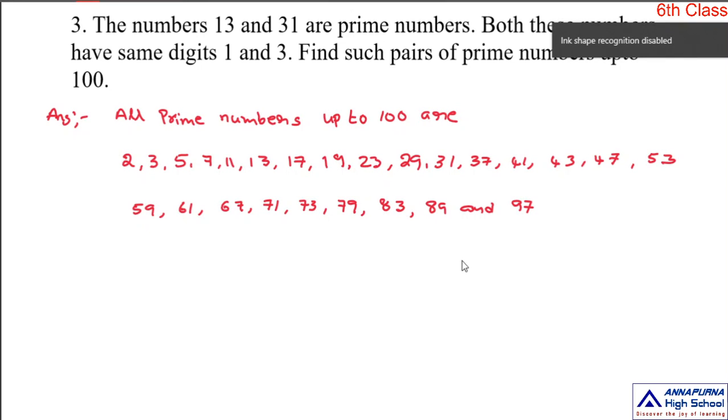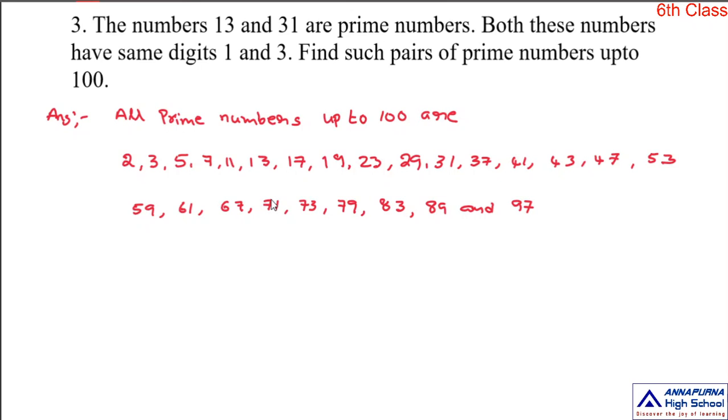All prime numbers up to 100 are these: 2, 3, 5, 7, 11, 13, 17, 19, 23, 29, 31, 37, 41, 43, 47, 53, 59, 61, 67, 71, 73, 79, 83, 89 and 97.